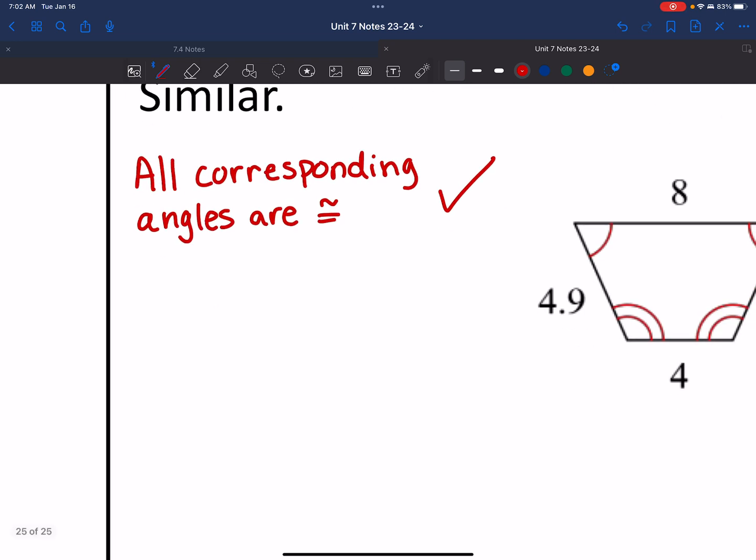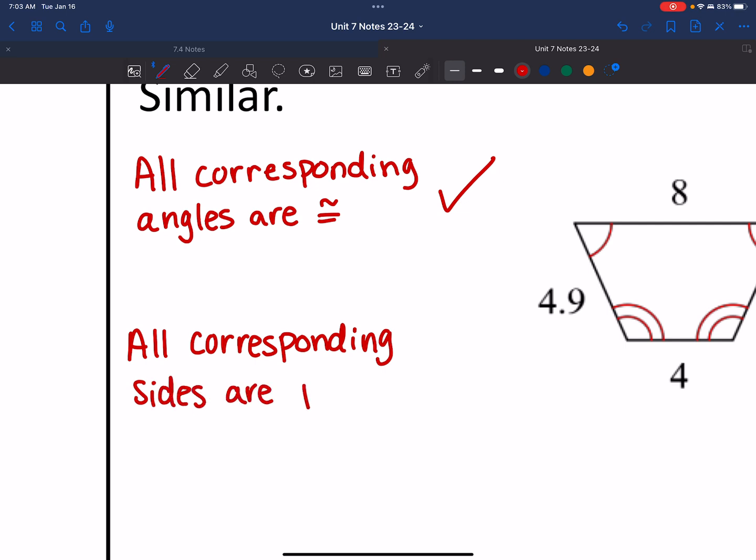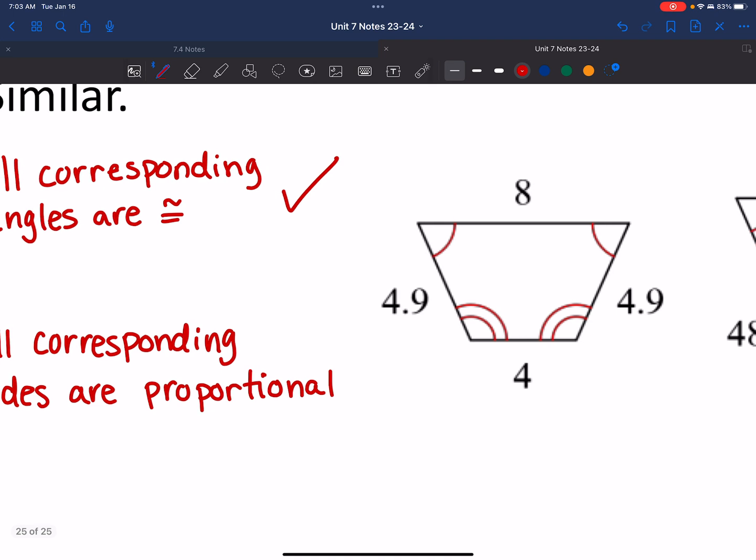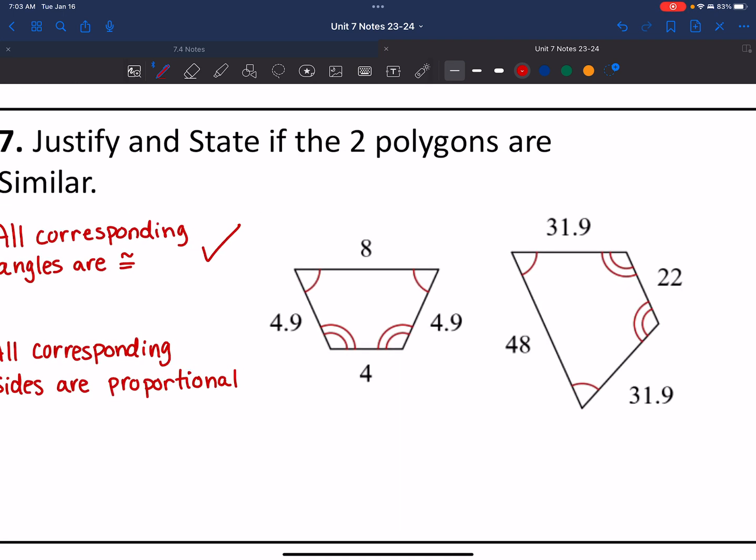And then the other thing we need to check is that all corresponding sides are proportional. All right. And so what we mean by that is we're going to take each corresponding side and set them over each other in fraction form.